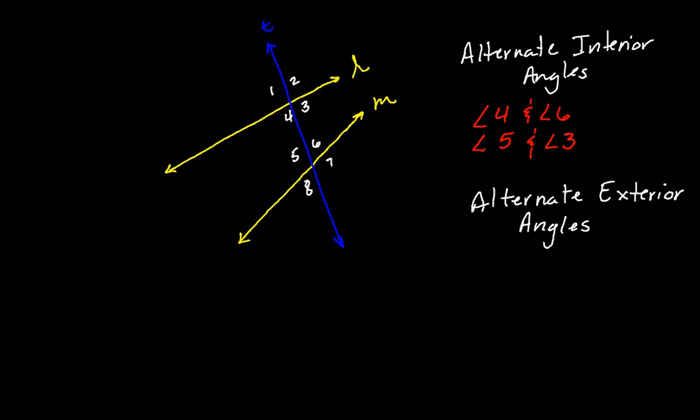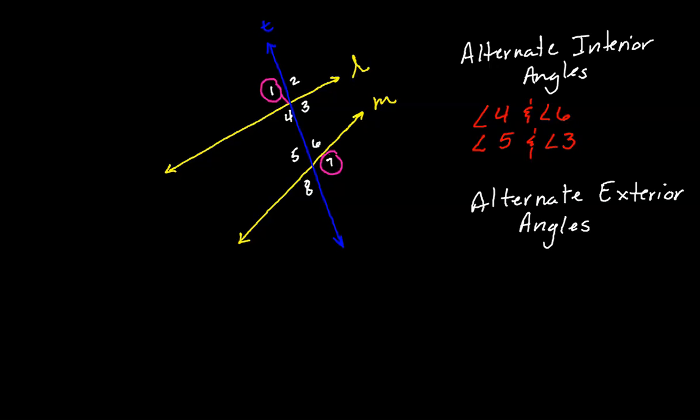Okay, now we're going to talk about alternate exterior angles. Exterior angles are on the outside of lines L and M. So we're talking about angles 1, 2, 7, and 8. Well, angle 1 and 7 are alternating on the other side of the transversal line.